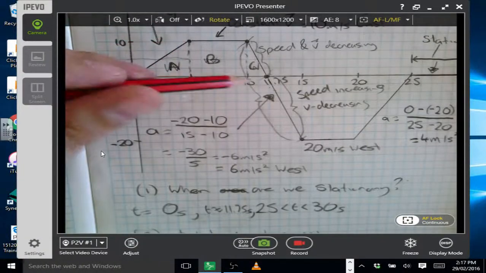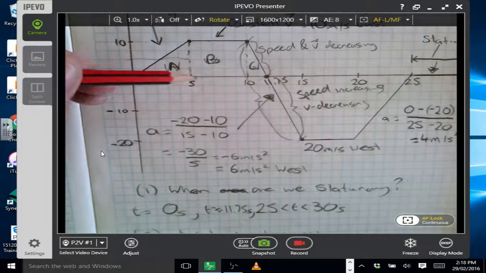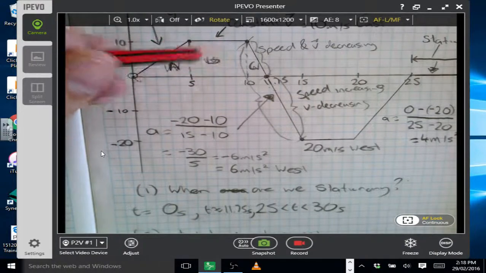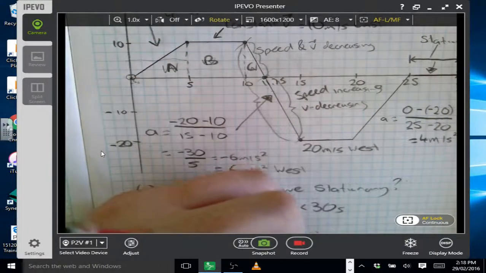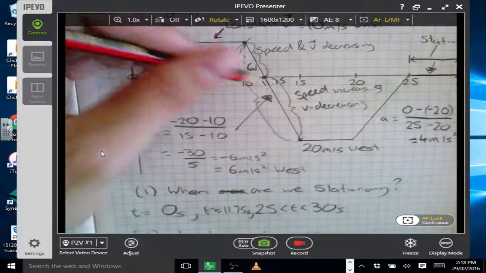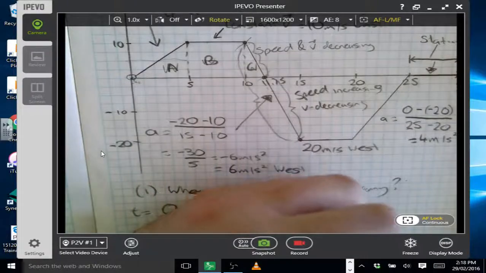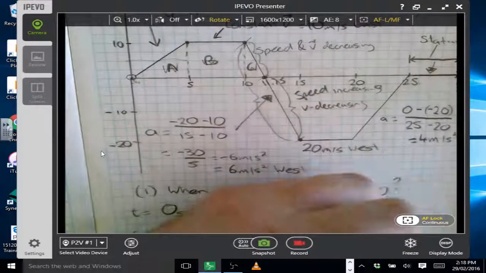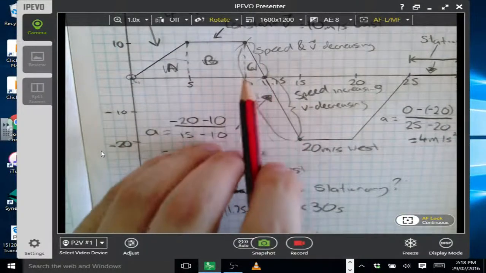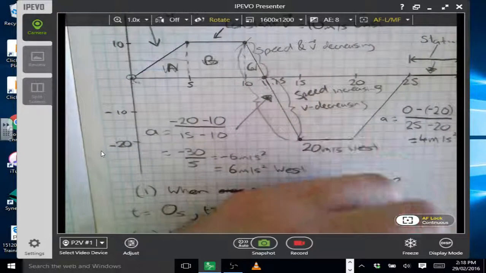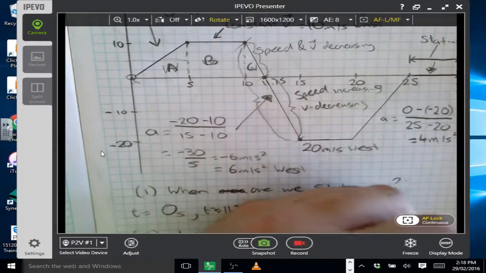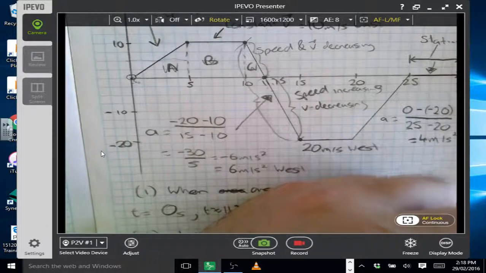B would be, now that's just a rectangle, so the gap in that time is 5 times 10. 5 times 10, and okay, the interval there, you probably have to pull out your calculators for this one, that triangle is 1/2 times the interval from 0 to 11.75, which is 1.75, times 10.